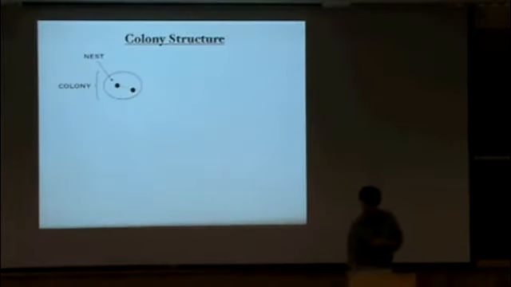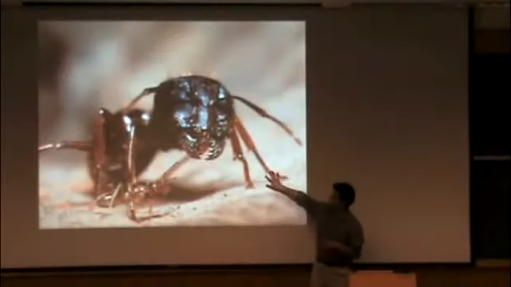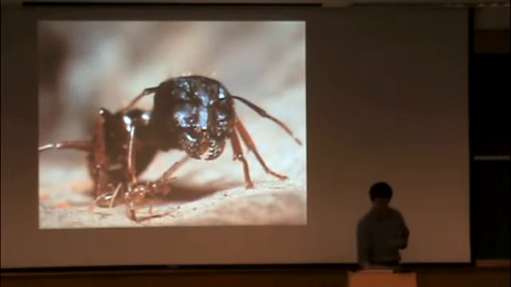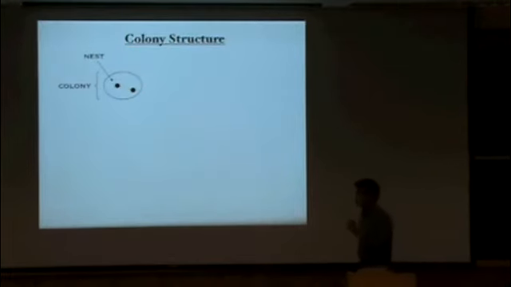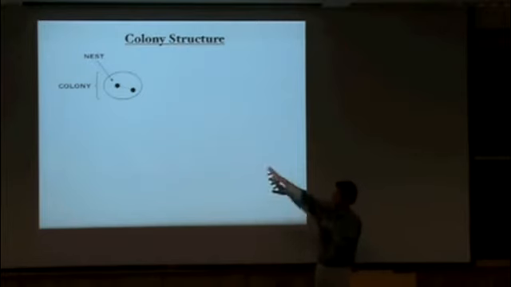Okay, so how is it that Argentine ants can exert such a strong influence on these seemingly tough native species? And the answer lies in the Argentine ant's colony structure. So when we think of an ant colony, we typically think of something like this cartoon example here, where there's a colony that occupies a discrete habitat or territory in space, and there may be a nest, or in this example there are 2 nests that comprise this colony.